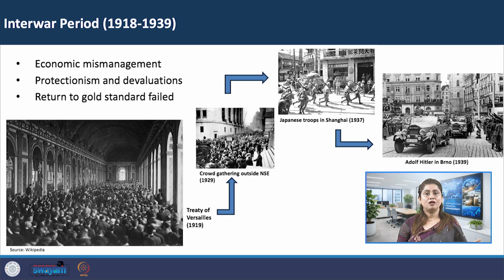For example, the United Kingdom returned to the gold standard in 1925 at the same value that existed before the war. But the decision was not appropriate because economic conditions had changed. The prices had changed, wages and economic strength were no longer the same as before the war.